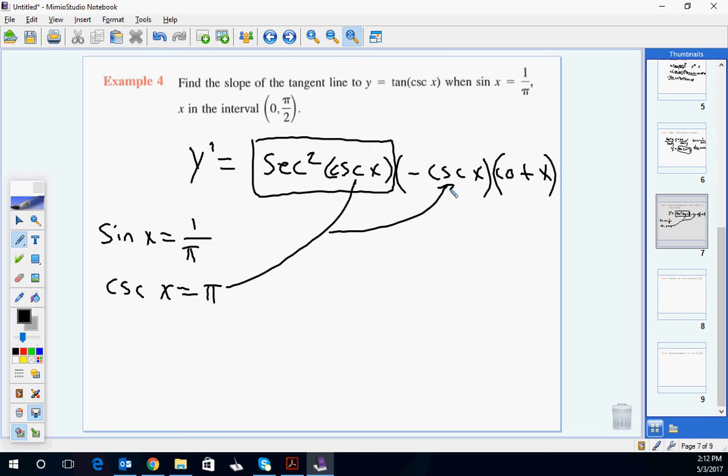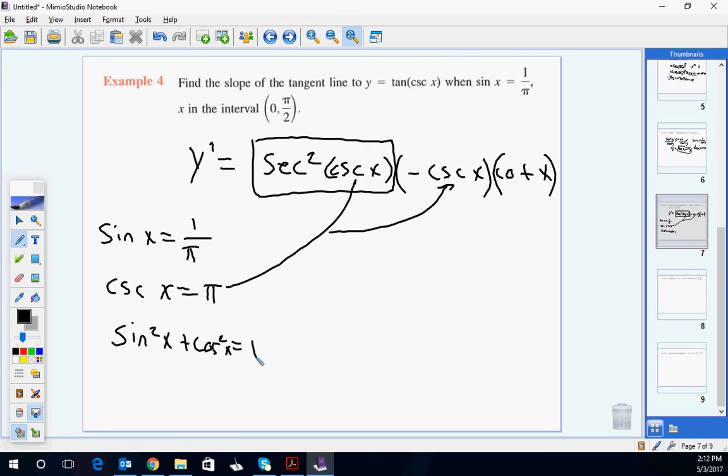We also have a little bit of work to do. We're going to have to use the Pythagorean identity. We need cosine now, because I have a secant, and I have a cotangent that has a cosine in it. Right? Cotangent's going to be cosine over sine. So I need to get a cosine relationship. I'm not sure if you've done this or not, but we do know that sine squared plus cosine squared equals 1.